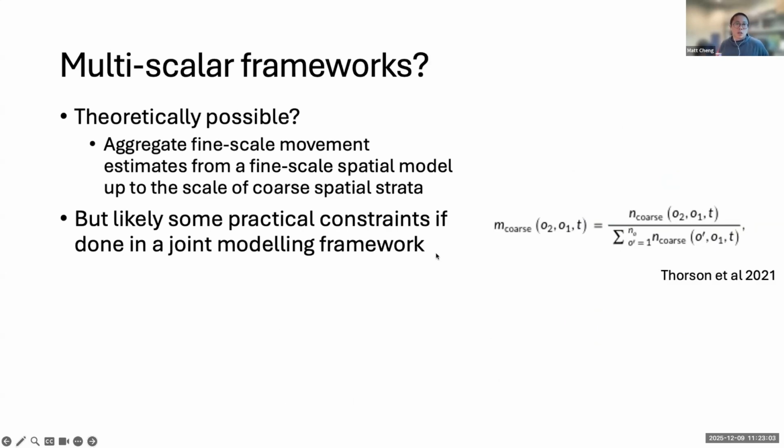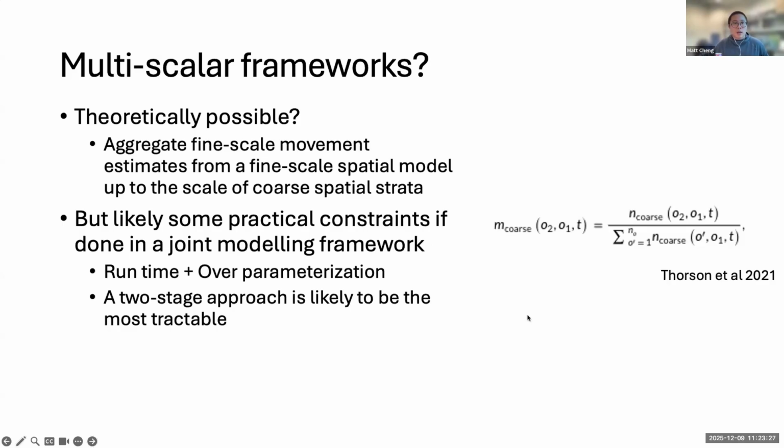I think there are two ways to potentially approach this, but there are some practical constraints. We can do it in an integrated analysis framework where we integrate a fine scale spatial tagging model with the coarse scale population dynamics model, but I think you'll likely run into runtime and over-parameterization constraints.